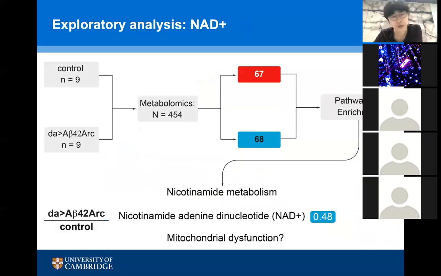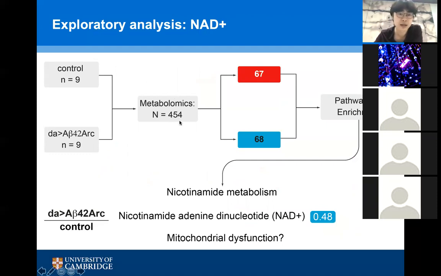Using this model, I wanted to analyze and explore its phenotype. One way that I personally really like is to do metabolomics. Metabolomics is the analysis of as many metabolites as possible in these flies, comparing them to healthy control flies.